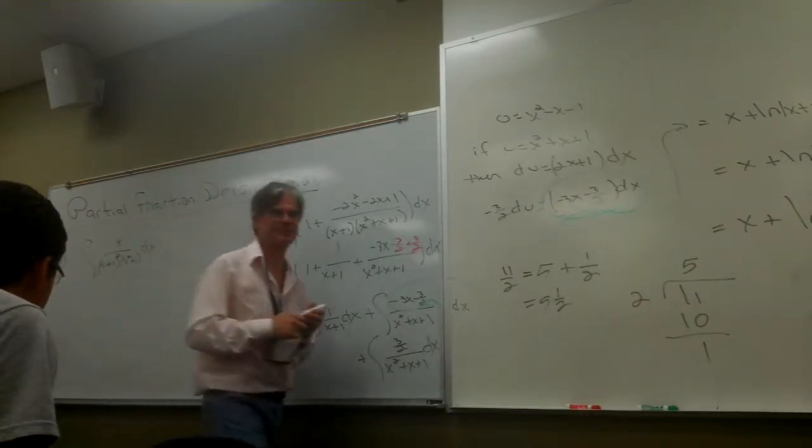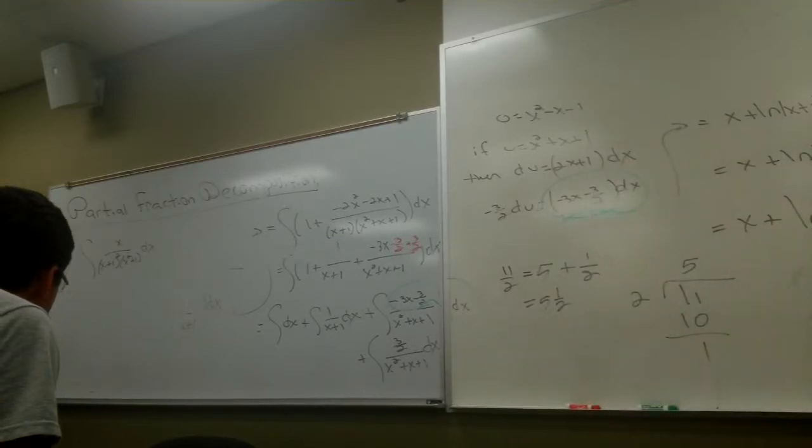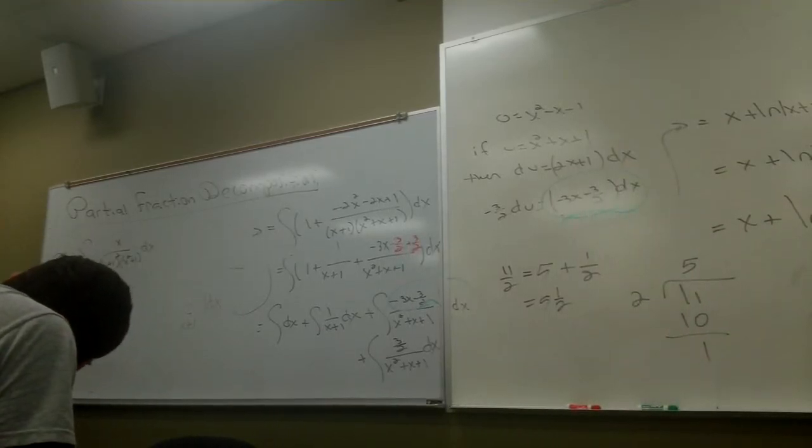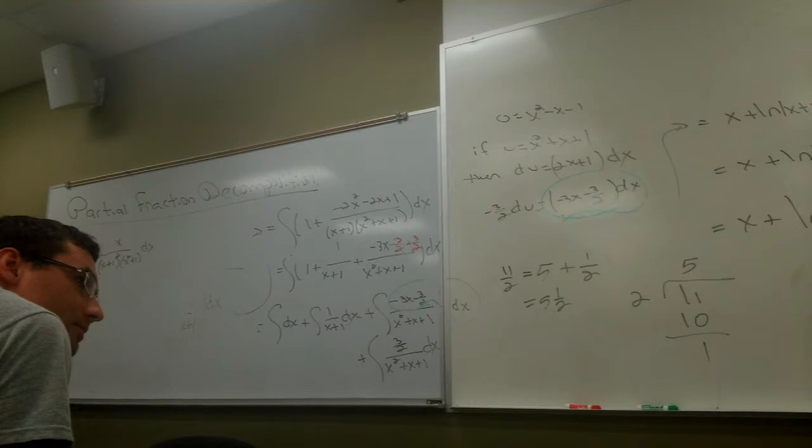What do you think? Yes or no? Is it the case that in the integrand's position I've got a proper rational expression? I said yes or no. Well, I think the answer is yes, it is proper. Degree upstairs is strictly less than downstairs. Here's another question, yes or no?